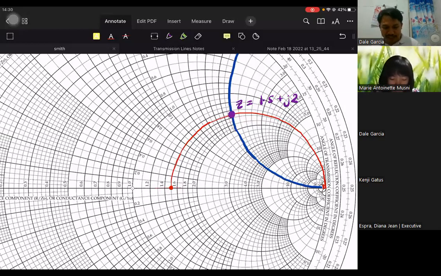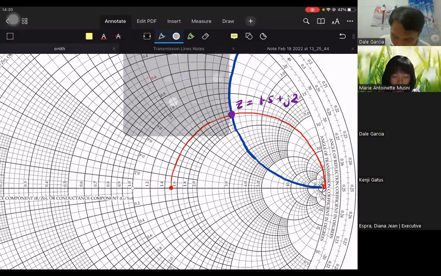This is a bit difficult, guys, but the next step is, from the center, which is 1, right?